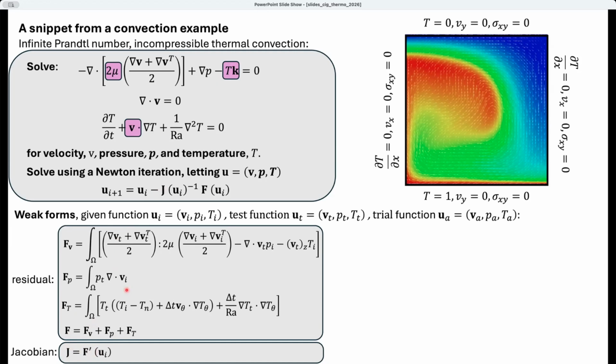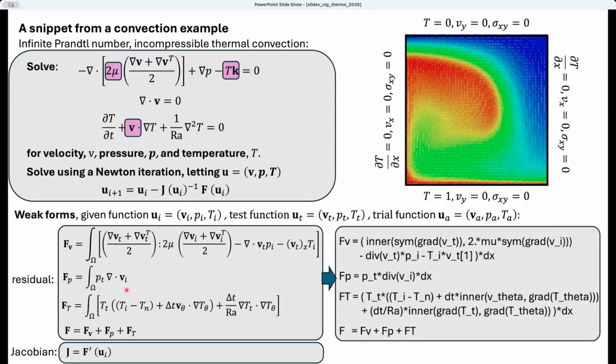And just like we saw in the previous example, we can describe that symbolically using FEniCS in just 3 or 4 lines of Python. But the real power here is, because that is a symbolic representation of the residual, we can just request that we take the derivative of that residual, and FEniCS will form our Jacobian for us.